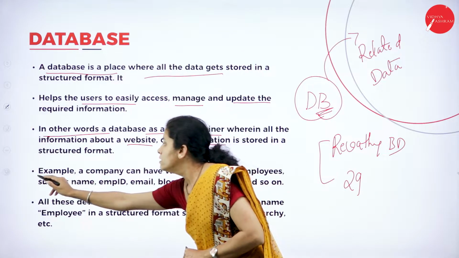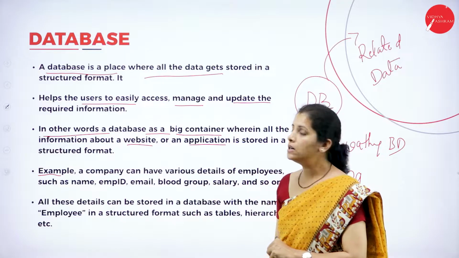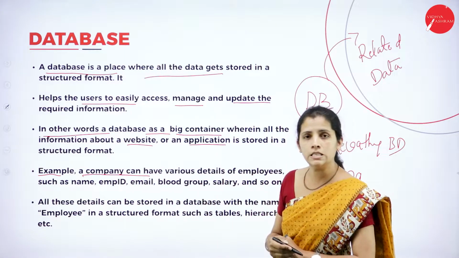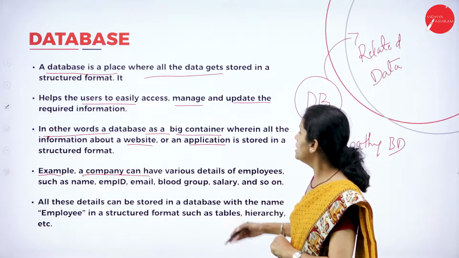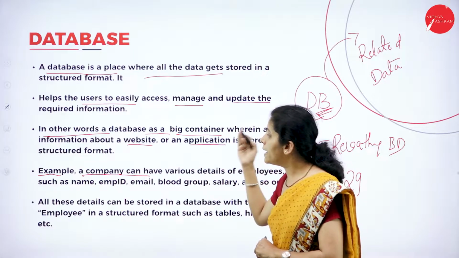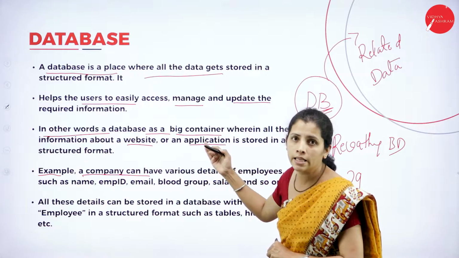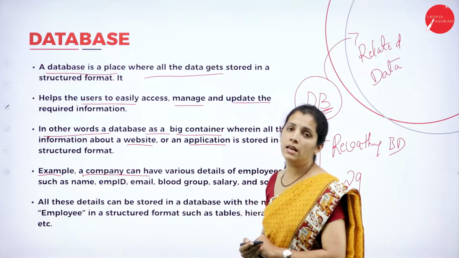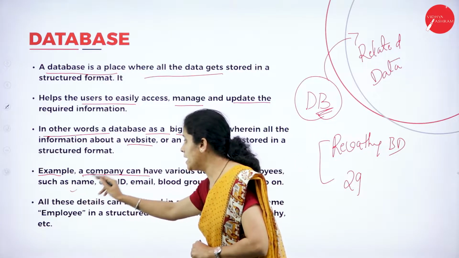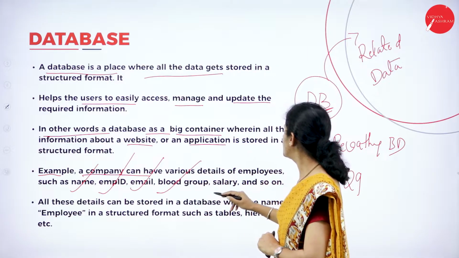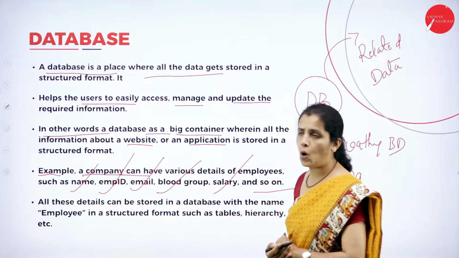The example here is that a company can have various details. If I consider any company, what is the main resource? That is nothing but the employee. So each company will have employee names, employee ID, email, blood group, salary, and so on.